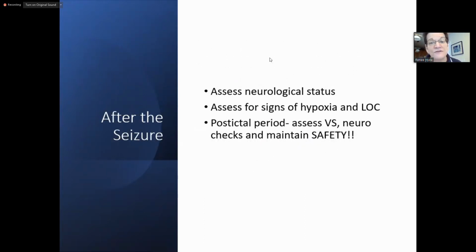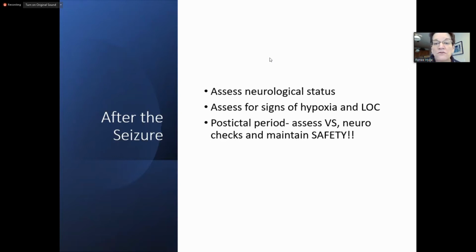Now, after the seizure, we're going to look at their neurological status. Are they alert? Probably not for those generalized seizures. Are they oriented? Remember, a lot of these patients will have amnesia. You'll have to tell them that they had a seizure because they won't know.